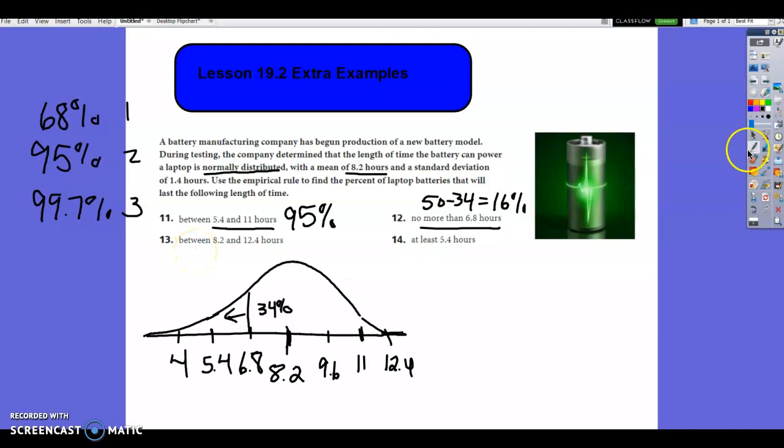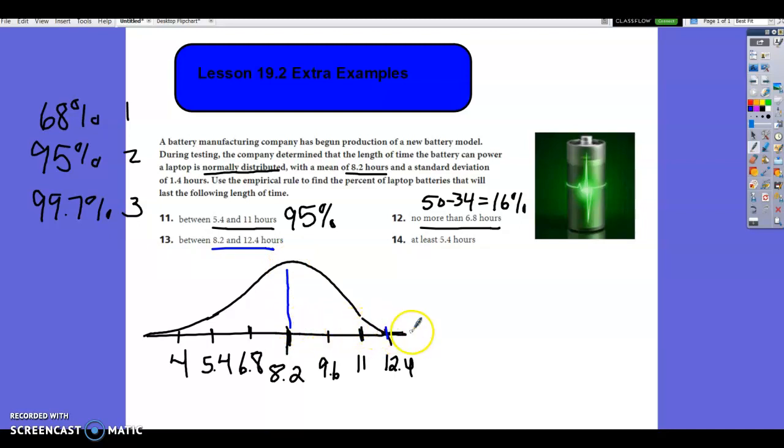All right, so what is between 8.2 and 12.4? All right, so 8.2 and 12.4, that's our mean. And 12.4, which is our 3rd standard deviation.